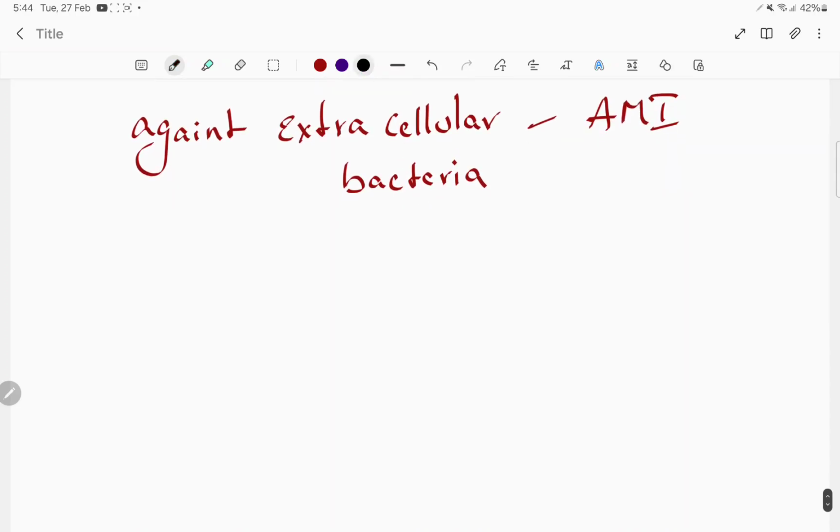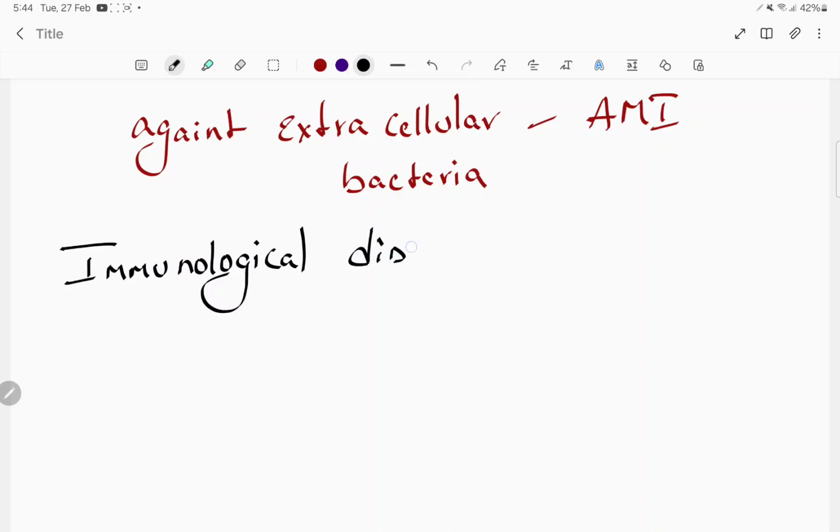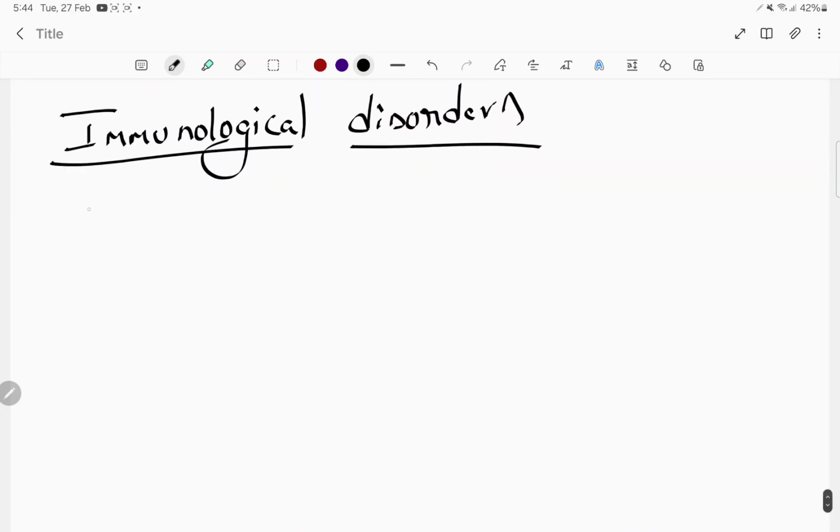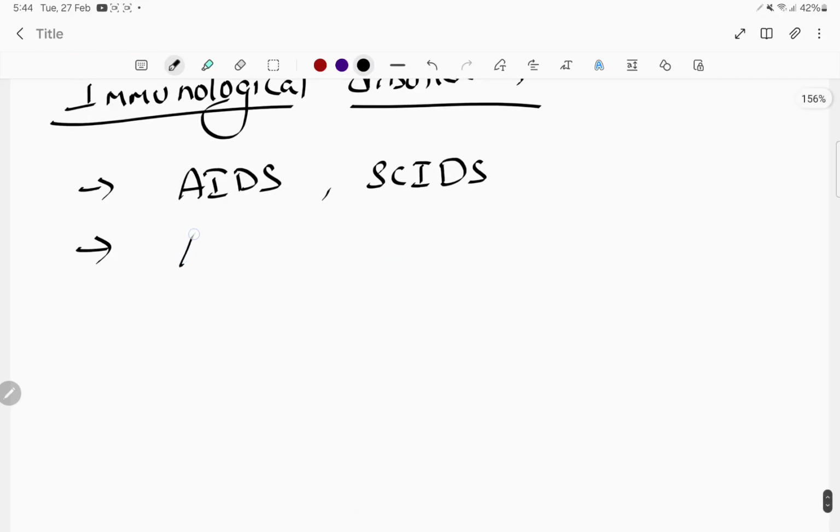So there are immunological disorders. The list of immunological disorders are AIDS, acquired immunodeficiency syndrome, autoimmunity, severe combined immunodeficiency syndrome, SCIDS.